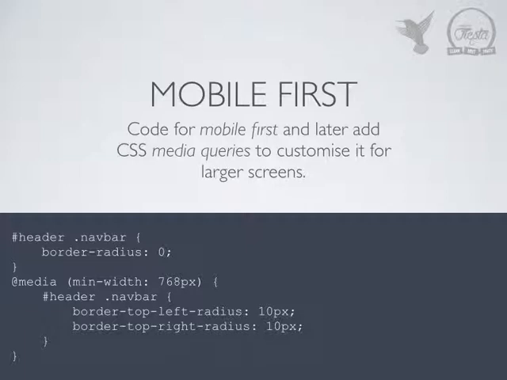But then when I move to a resolution higher than 768 pixels, this is going to create 10 pixel rounded borders on the same element. So this is one example of how the code works and how you're able to do certain things with it.